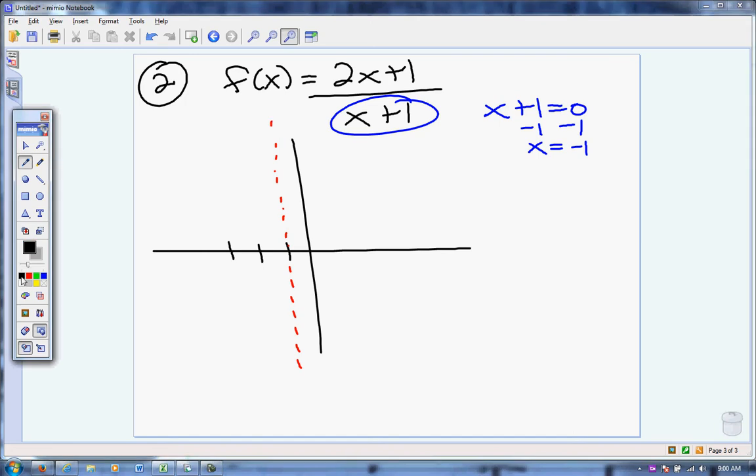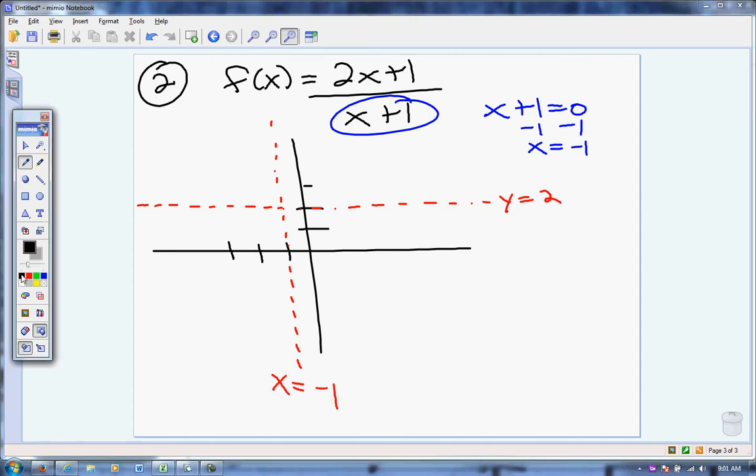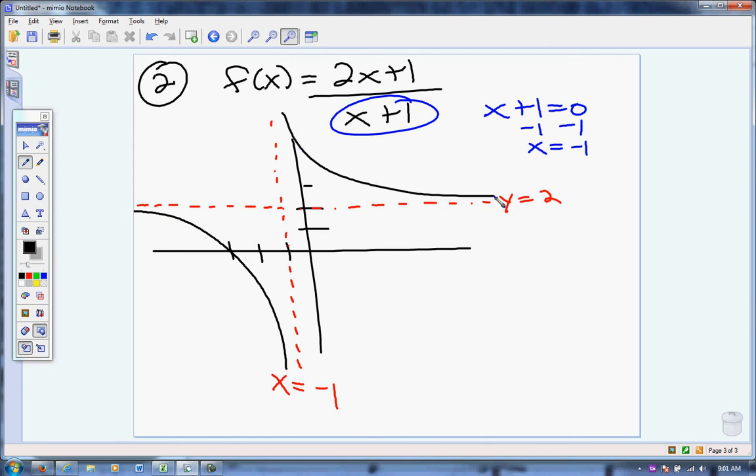But it also has a horizontal asymptote through y equals 2. So the horizontal asymptote is y equals 2. The vertical asymptote is -1. And my function approaches both of those asymptotes. Notice the horizontal asymptote moved up 2 units.